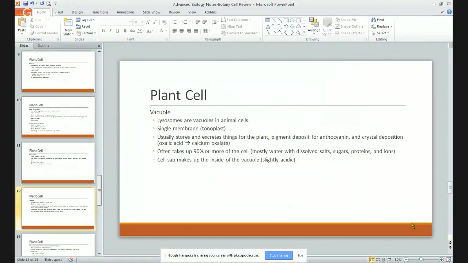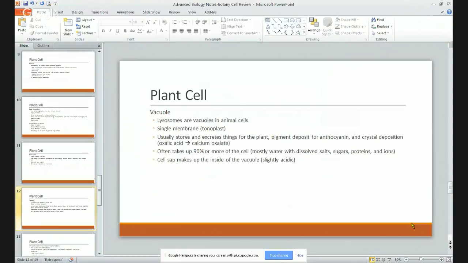With the crystal deposition, in plant cells, oxalic acid is necessary, but you don't want to have too much oxalic acid inside of your plant cell.